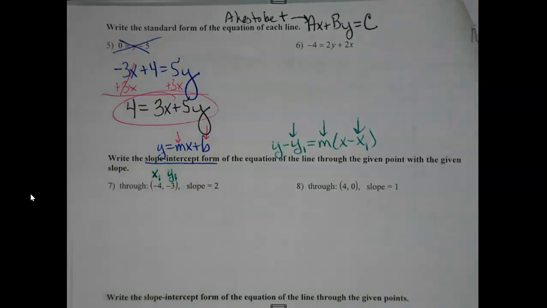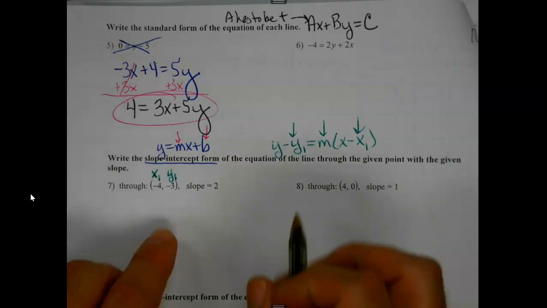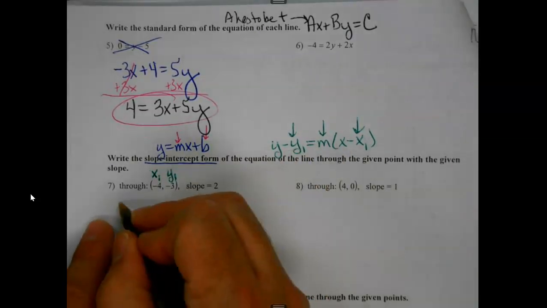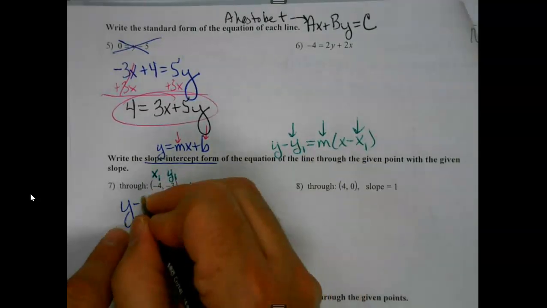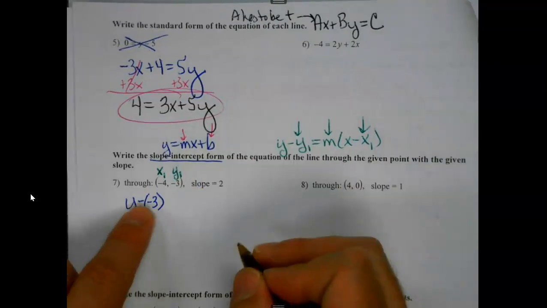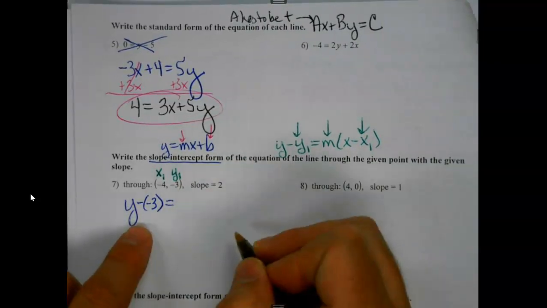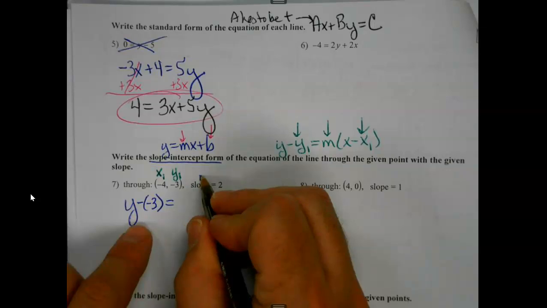And so what we're going to do then is we're going to take those and we're going to plug them in where the arrows are at. So I start to write, and I'm like y minus, okay, y1 is -3. We'll deal with that in a minute. Equals. My slope, my m is 2.